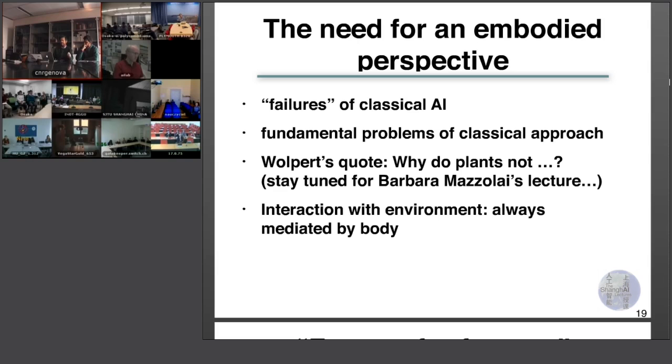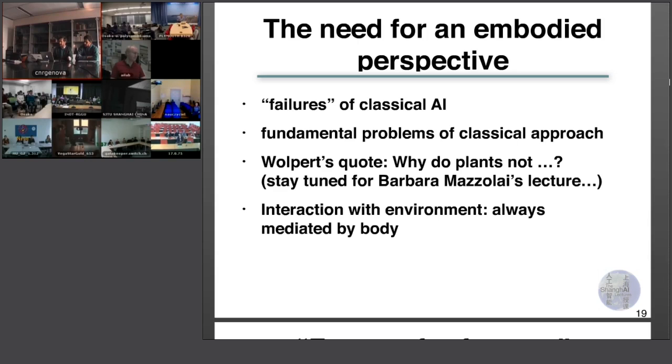We will come back in the last lecture, when Barbara Mazzolai from the IIT in Pisa will talk about the very cool work they are doing on plant robotics and plant intelligence, so vegetal intelligence, which on the surface seems to contradict what David Wolpert said, that essentially animals have brains because they need to move. It may be less contradictory, but we will discuss this.